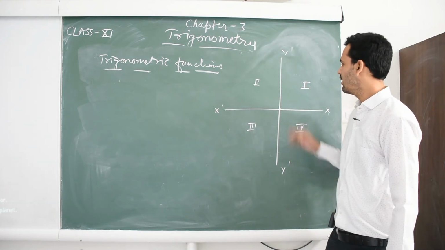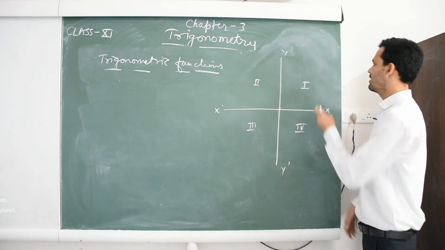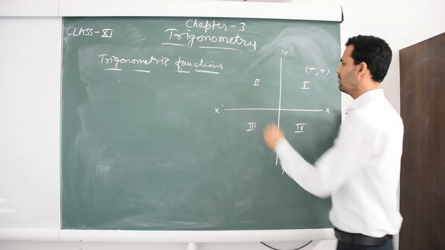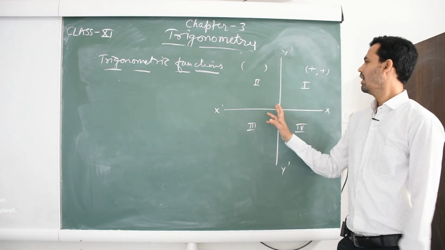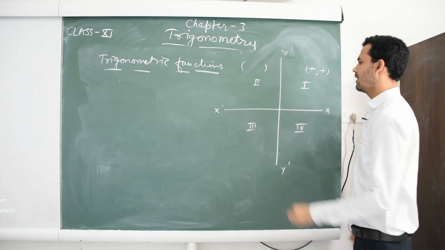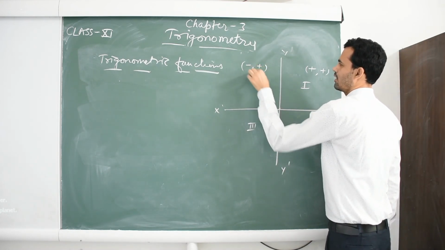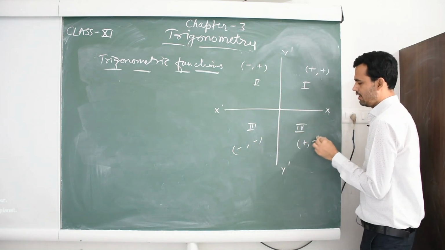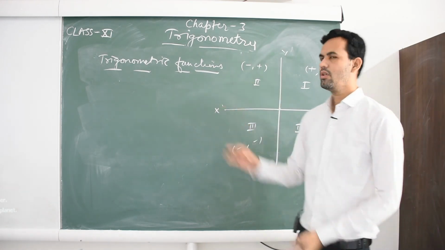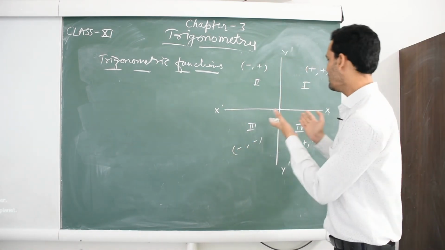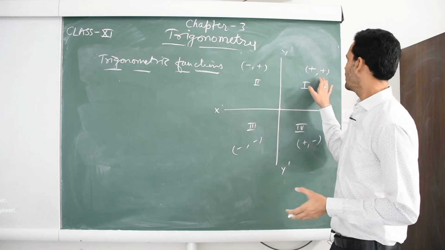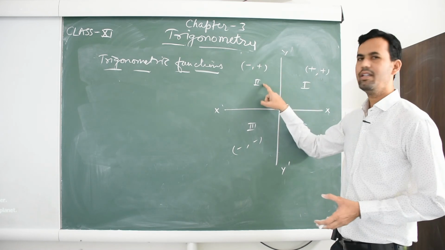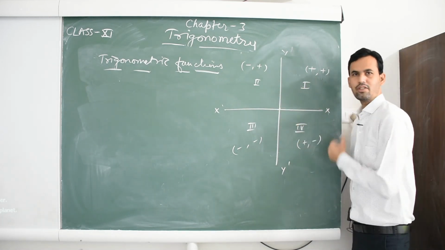In 9th and 10th you know that in the first quadrant both x and y are positive. In the second quadrant x is negative and y is positive, in the third both are negative, and in the fourth plus and minus. So this is also a revision of class 9th and 10th, but in this chapter we are not dealing with these signs, we are taking angles of these 4 quadrants.